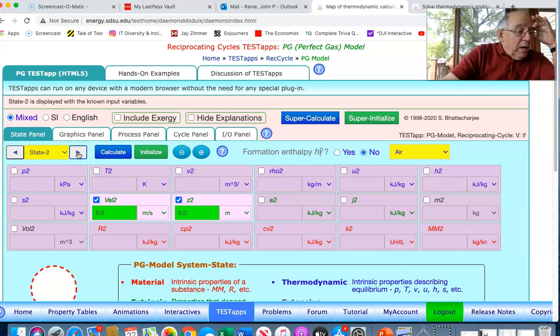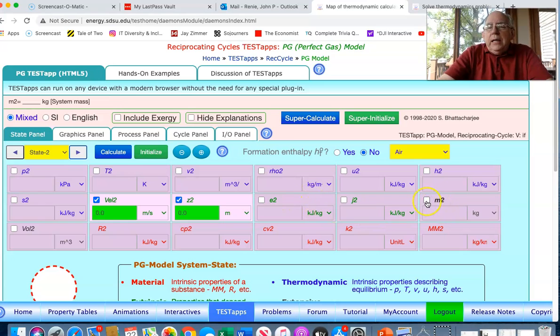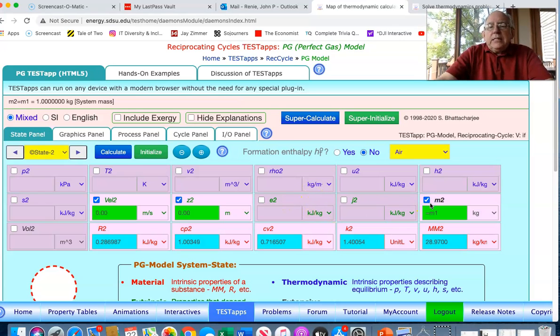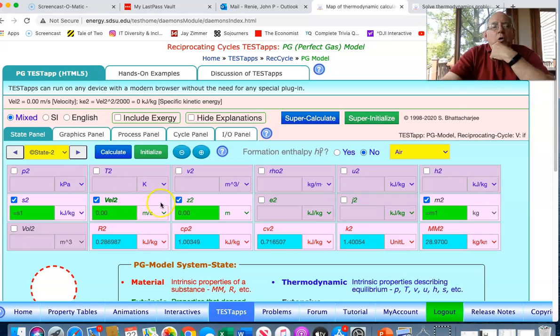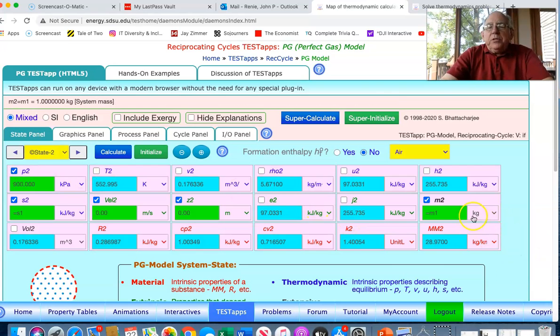Our second state was going in an isentropic compression. I'm going to set the mass the same as mass 1. We have an isentropic compression, similar to what we had in our Otto and diesel cycles. In this case, we do know the final pressure. And so we see that the volume has gone down, let's put it in liters, to 176 liters.